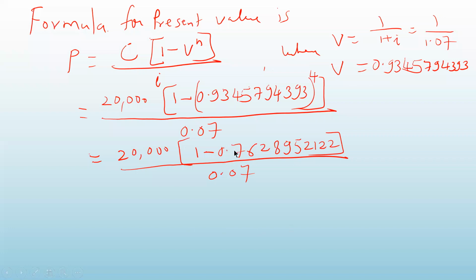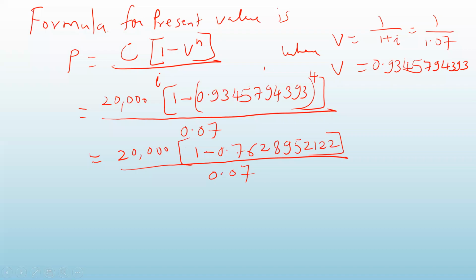So that comes out to be 0.76289522122. Now you have to subtract this number from 1. To avoid typing this big number again and again, it is already on the screen, so you can subtract 1 from here. You will get the minus sign; just neglect it.